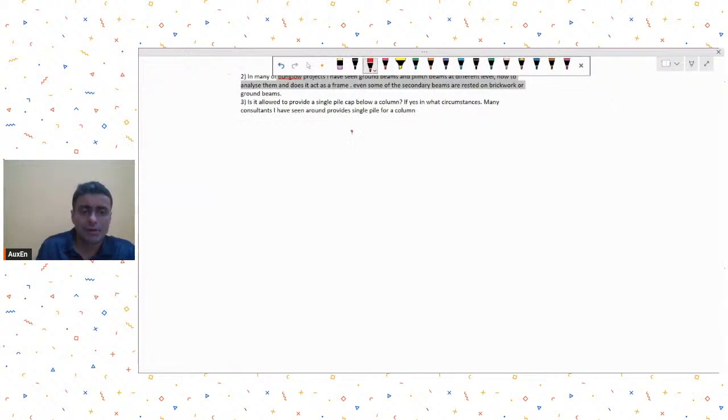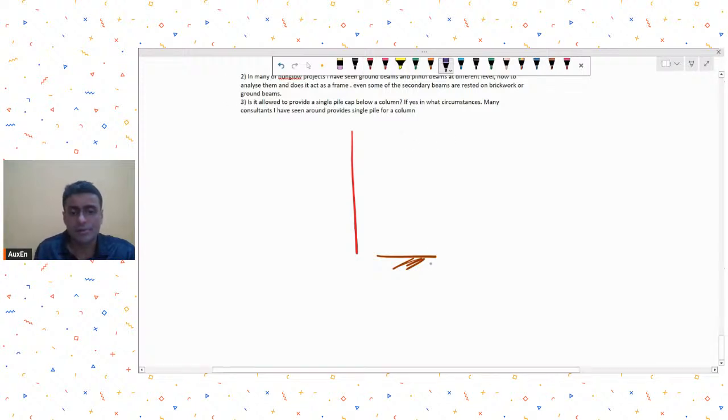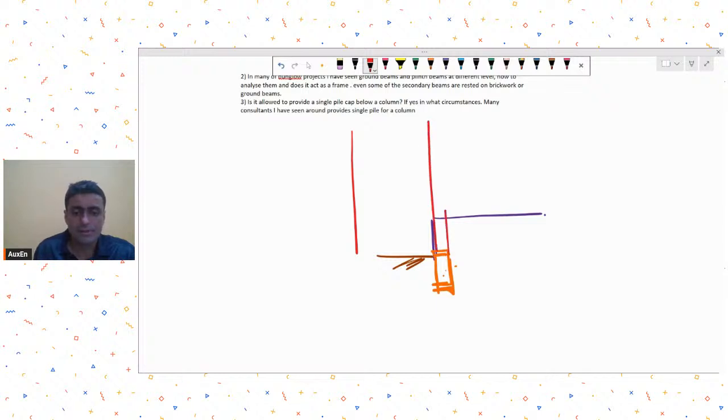What you are saying is right, our usual construction is that this is my ground level, and then I will have a raised plinth like this, and maybe on the outer periphery you will provide a beam which is slightly above the ground level, otherwise below, and your columns will go like this.